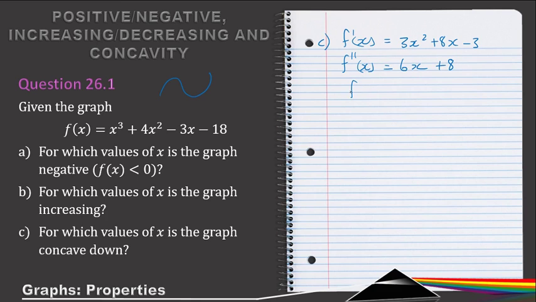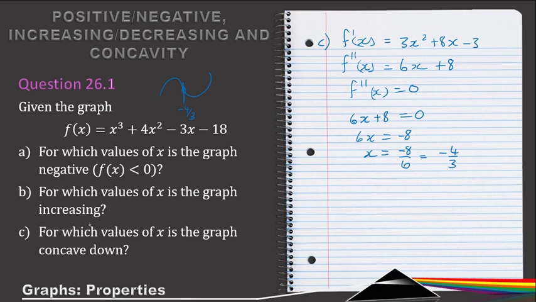And then if I equate that to 0 and solve for it, I've got 6x plus 8 equals 0. So take the 8 over, 6x is equal to -8. So x is equal to -8 over 6. If I simplify it, I get -4/3. Right, so this point here, the point of concavity here, lies at -4/3.